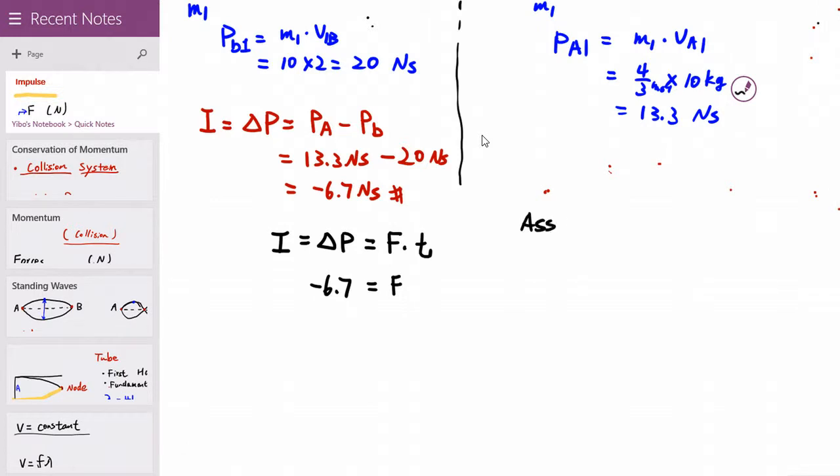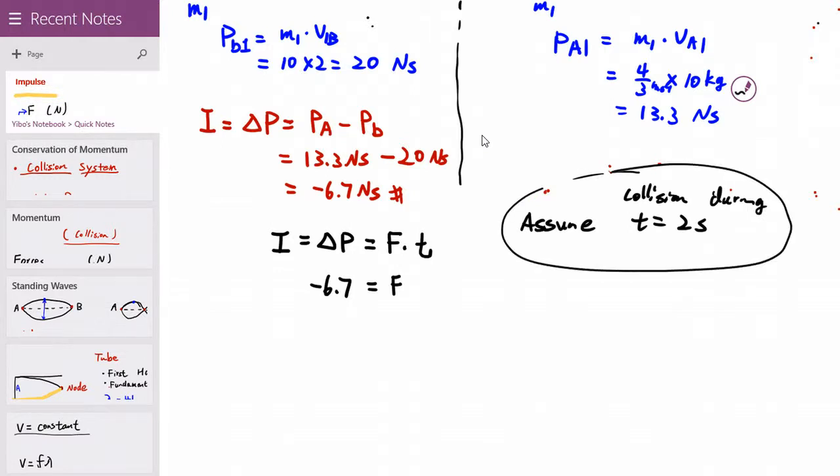Let's assume the collision occurred in 2 seconds. Collision duration. So we can put this number in, and you can find the force, which is 3.35 newtons minus. Now, what does this mean?